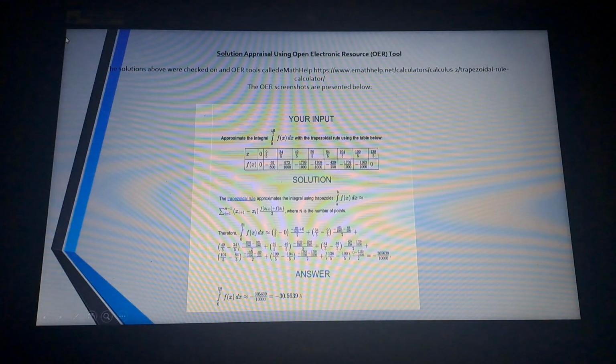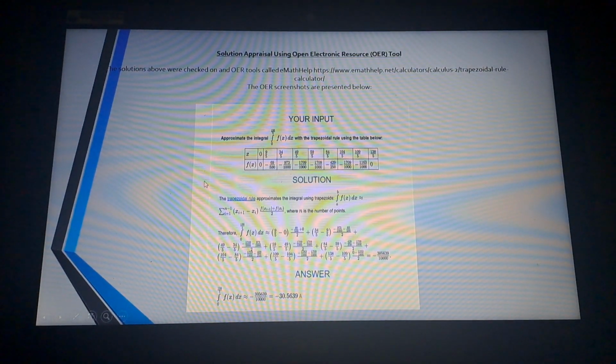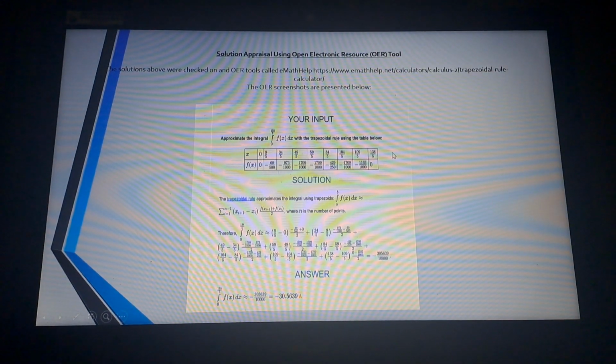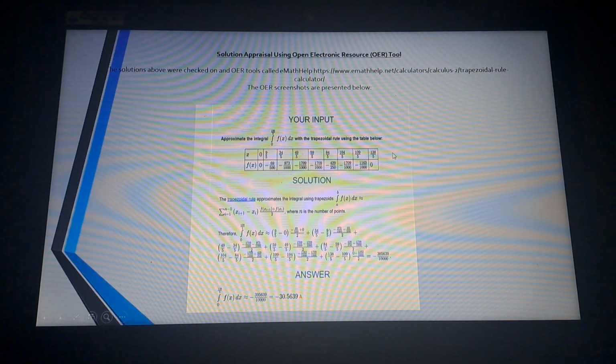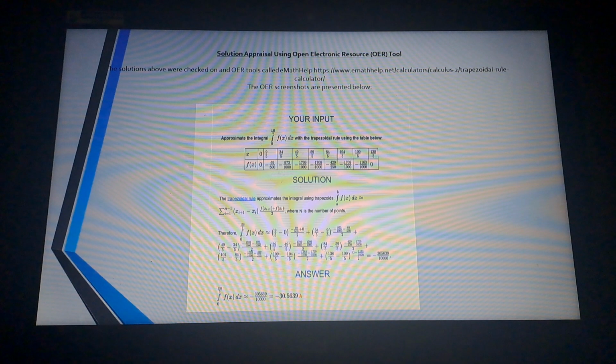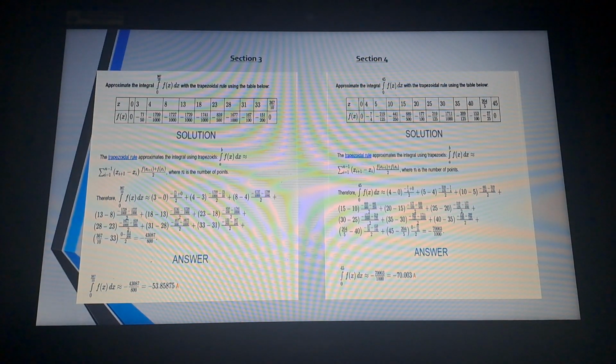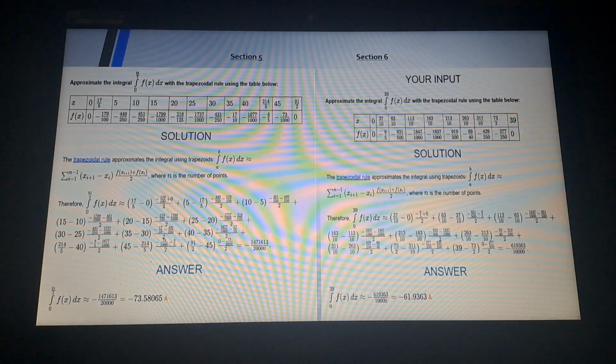Then Mr. Tato also did the appraisal via the open electronic resource tool with EMET help, where we've got also the solutions for it.